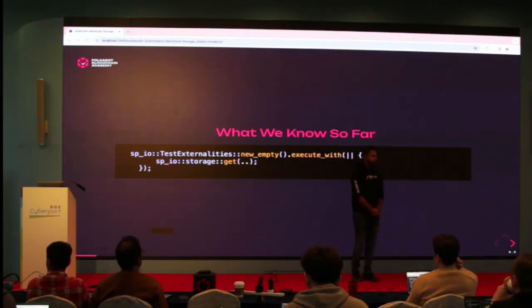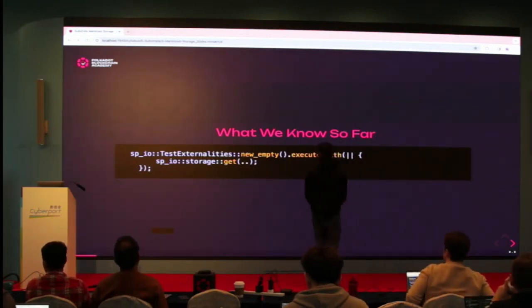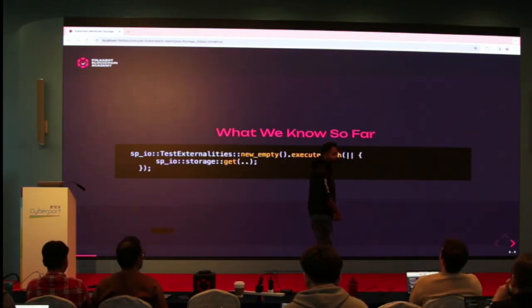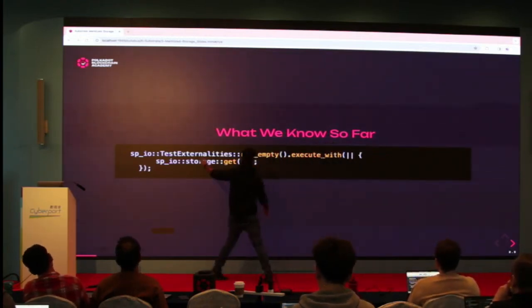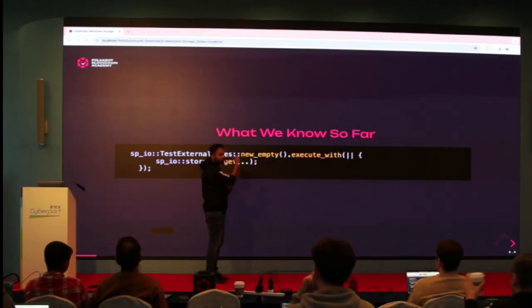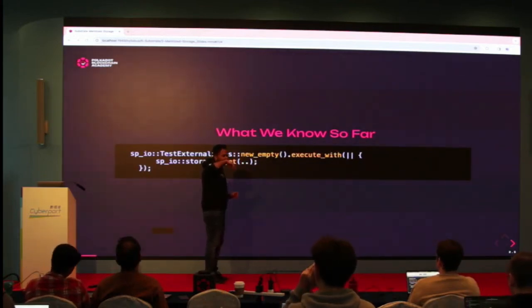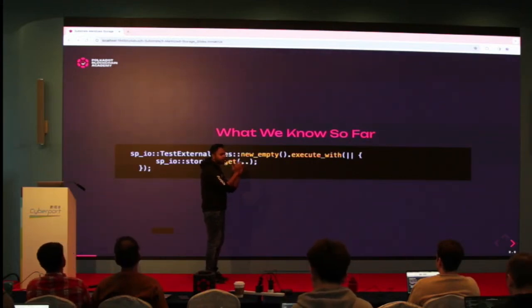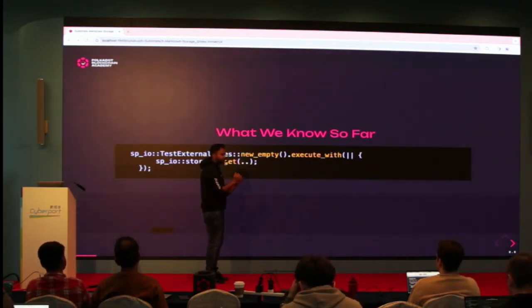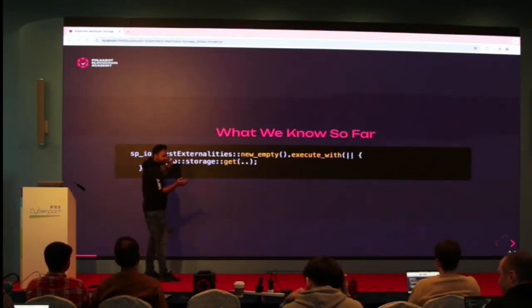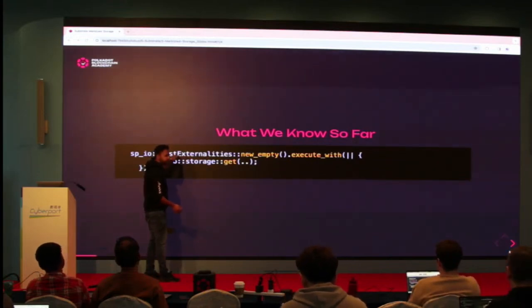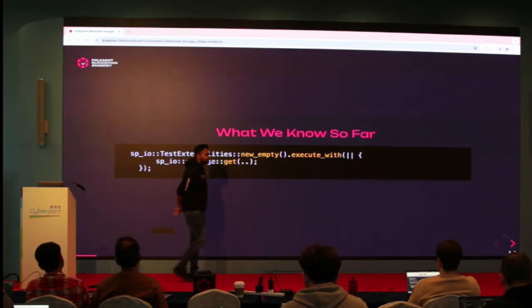Your runtime is already embedded inside a node, so it makes sense there. But if you write a unit test, there is no node. In a unit test, you need to wrap things inside test externalities. So that's only for tests.